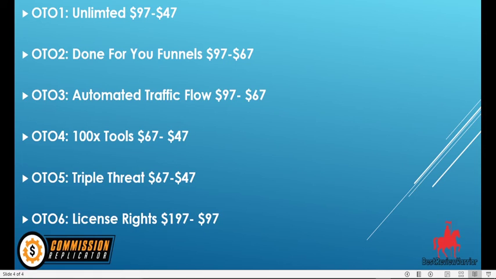Then the OTO5, which is the triple threat traffic, goes for $67 with a downsell of $47. Then the OTO6, which is the license rights, goes for $197 with a downsell of $97. In the OTO6, you have the right to sell Commission Replicator as your own and keep 100% profit across the funnel.